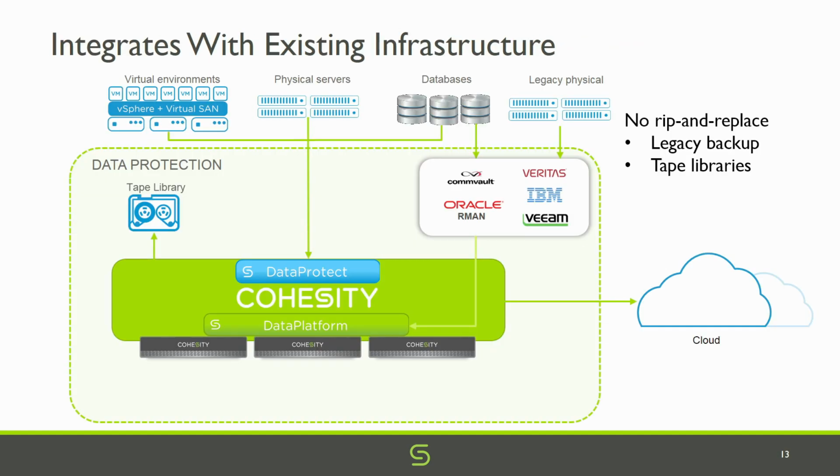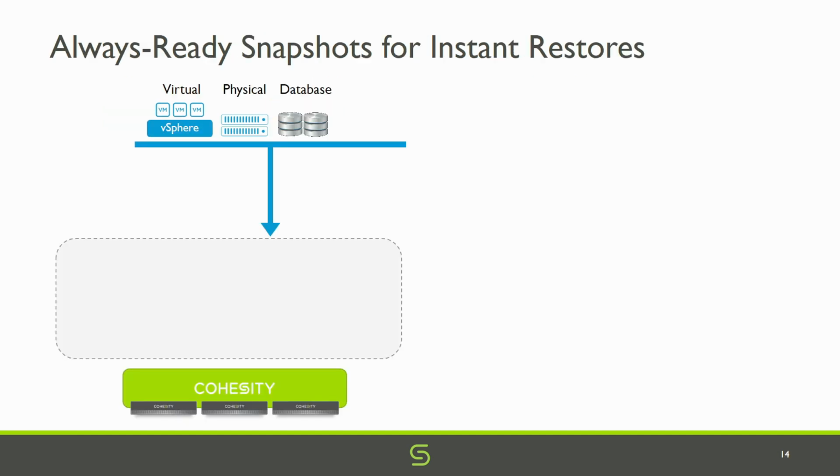Okay, so now I'm going to dig a little bit deeper on how we do backups and why Cohesity backups are fundamentally different from what you've been doing in the past. The key thing with Cohesity is because we have a completely integrated solution from the storage up to the backup software, we've been able to really optimize that stack.